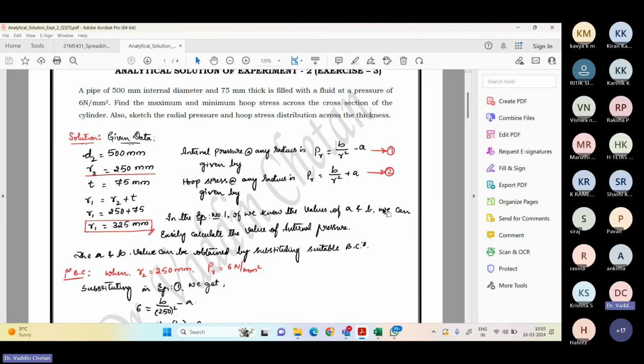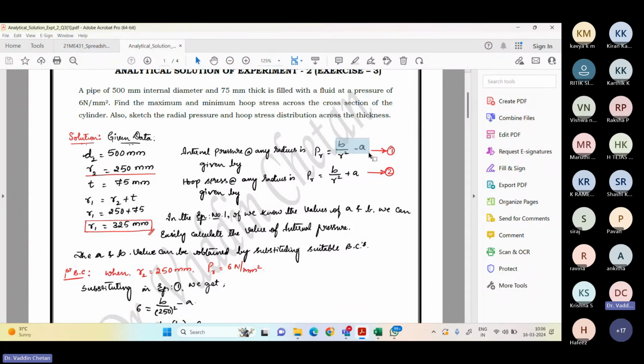So from the thick and thin cylinder, we know that internal pressure at any radius is given by P_R equal to B by R square minus A, and the hoop stress at any point is given by B by R square plus A. But in those two equations, we don't know the values of B and A. Those are constants, right?